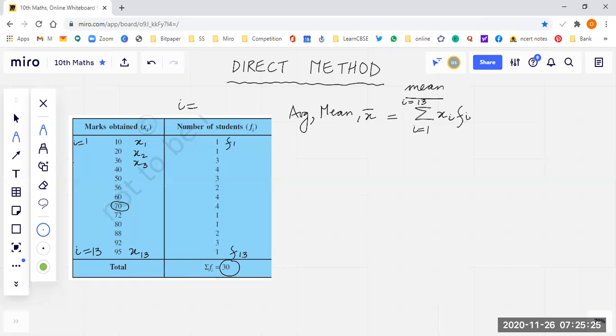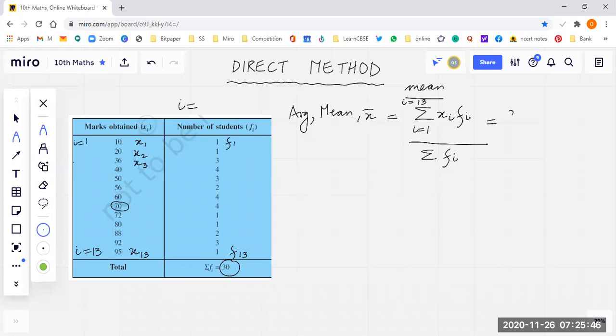So sigma xi fi divided by summation fi. Summation fi is whatever is the total number of observations. So summation fi here is 30. So guys, what is the meaning of summation xi fi? It means basically first put the value of i as the first value.